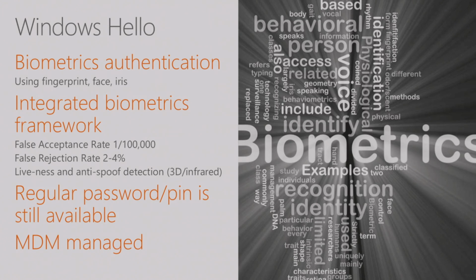If you're using that key to authenticate against another service, or to use a certificate that is protected on the device and you want to unlock that, you can use biometrics to unlock the TPM and say, provide me the private key of the certificate or of Windows Hello to do this authentication. This is MDM managed, and I'll show you in a minute.